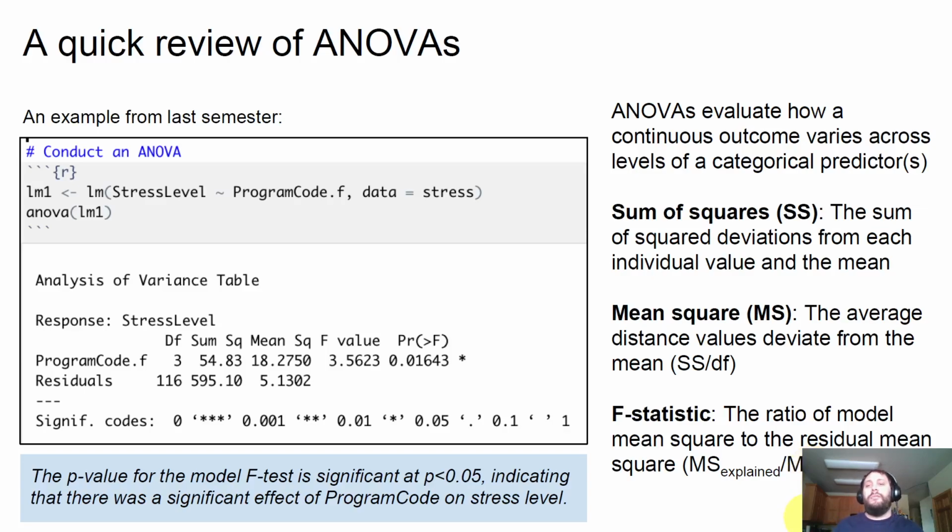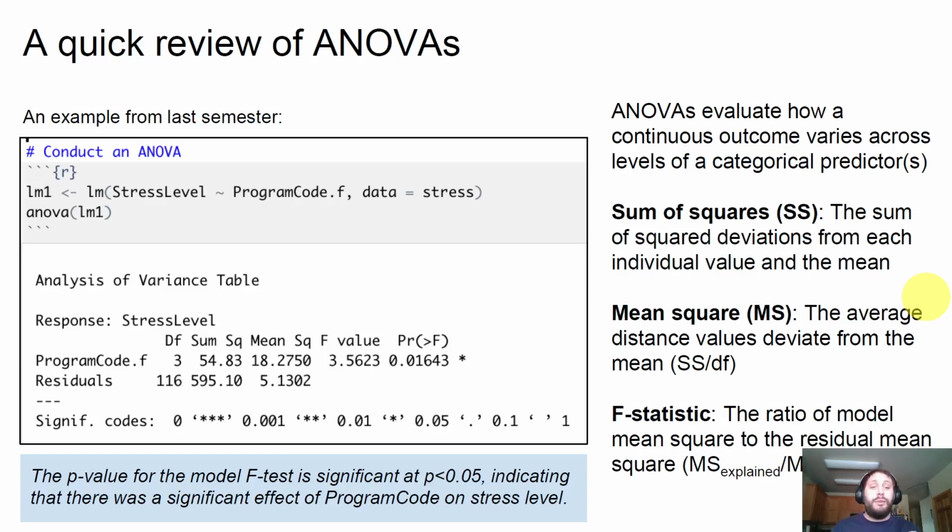So let's go ahead and start off by reviewing what ANOVAs are. An ANOVA evaluates how a continuous outcome variable varies across levels of categorical predictors. So remember, you have categorical predictors and a continuous outcome variable. You have three essential components that you need to look at when you run an ANOVA. First is the sum of squares, which is the sum of the squared deviations of each individual value from the mean.